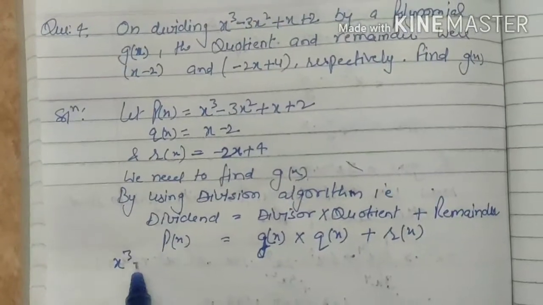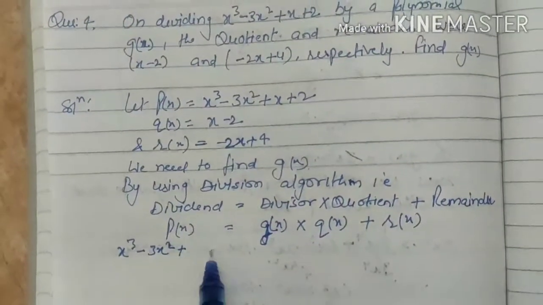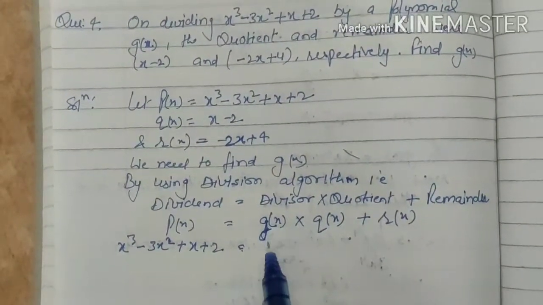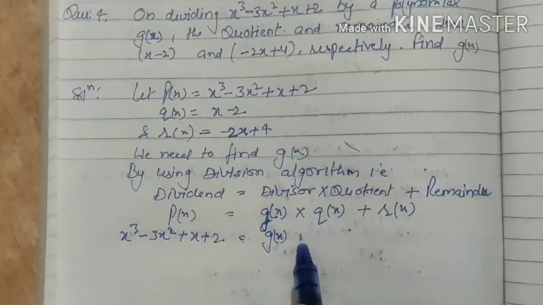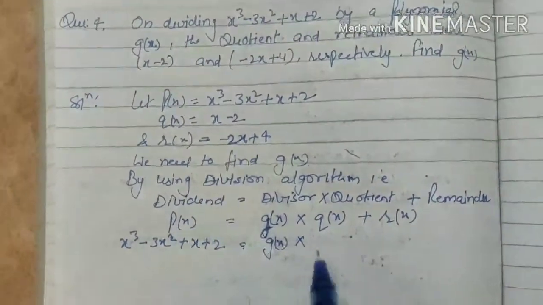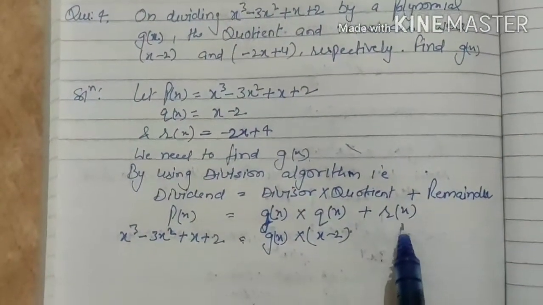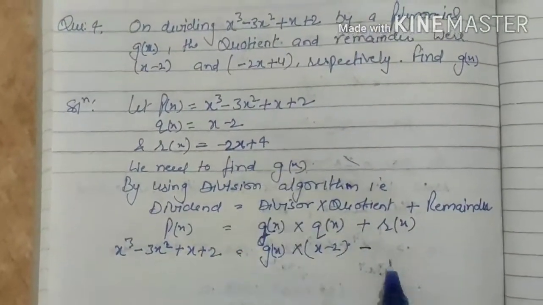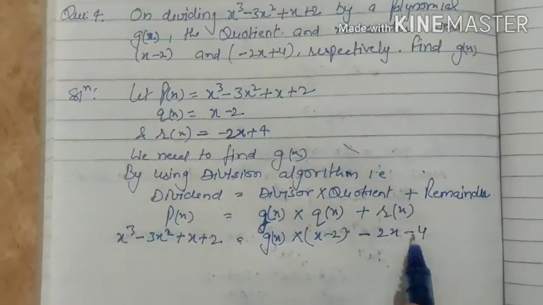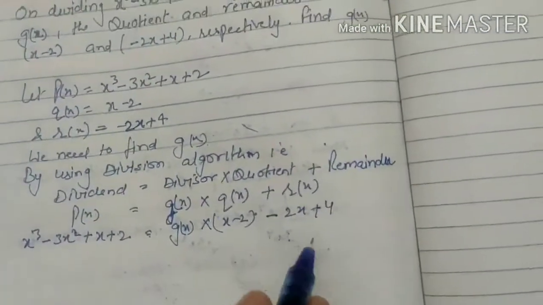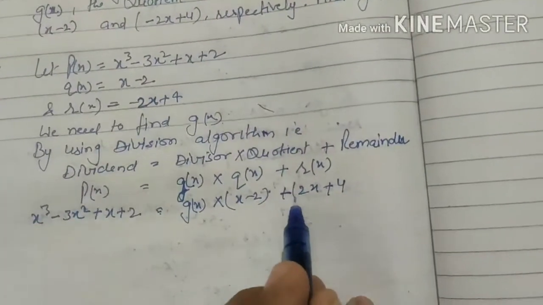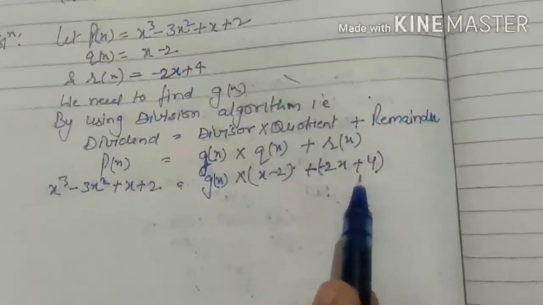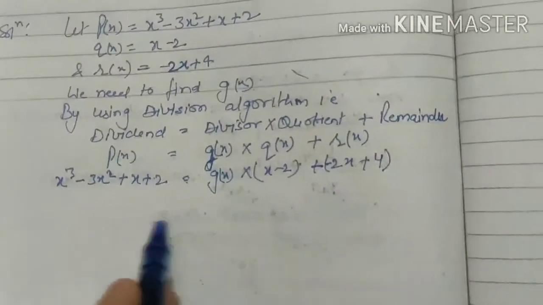So this will become x cube minus 3x square plus x plus 2 as dividend, and divisor we need to find, so this will remain same, into quotient, and quotient we have as x minus 2, so x minus 2, and r(x), that is remainder, and here it is minus 2x plus 4, so this will be minus 2x plus 4. So you can say this as plus of minus 2x plus 4, put in the bracket. So now solve these terms.